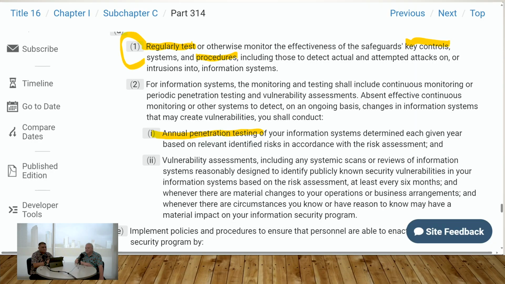Number 1 would still apply to you. Number 2 is the exception, right? So if you have data less than 5,000, 1 would apply to you, and then 2 won't apply to you. So what does that look like? As we discussed earlier, regularly testing your key controls, your systems, your procedures.